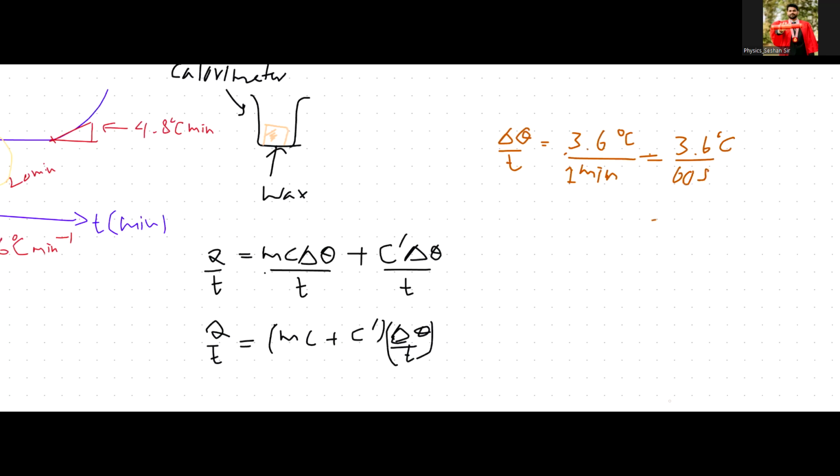Dividing by 6 is just 0.6. Or I can take the decimal point two places leftward, then 0.6 into 100, 0.6 times 1, actually 6. So 6 into 10 to the power minus 2 is the answer. 6 into 10 to the power minus 2 is the answer.